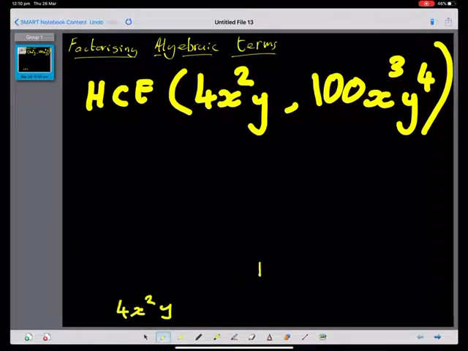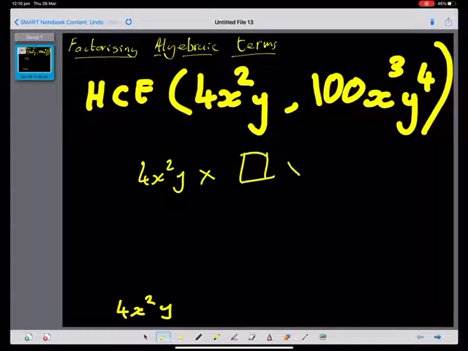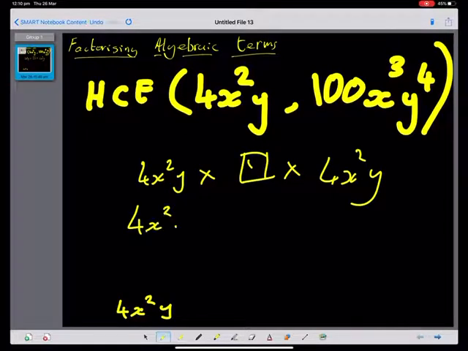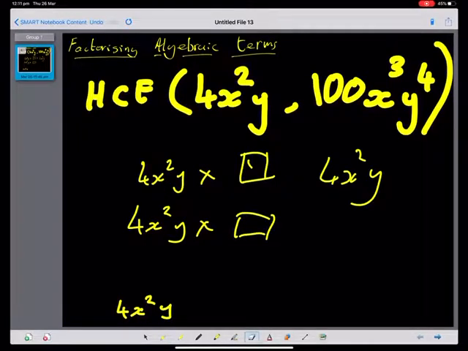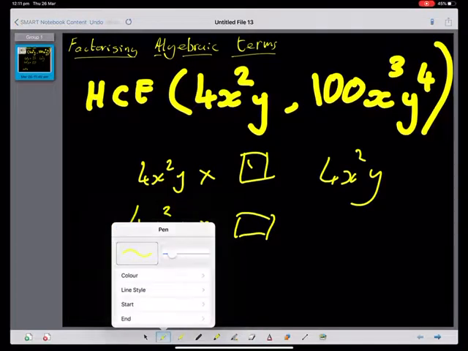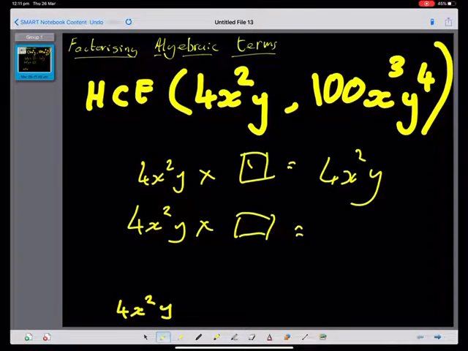Okay, so we've got 4x squared y. We need to multiply that by something to give 4x squared y. It's just 1. And we've got 4x squared y times something to give 100x cubed y to the 4.